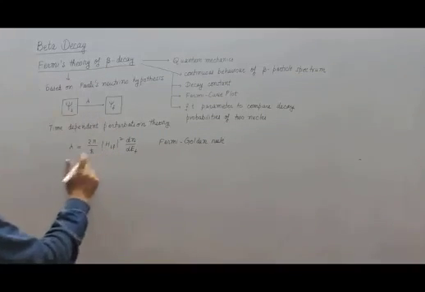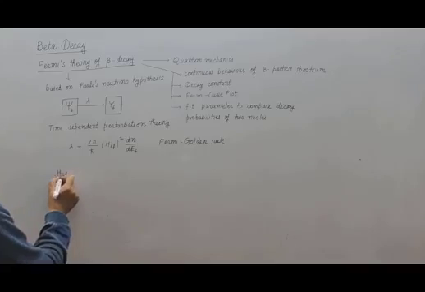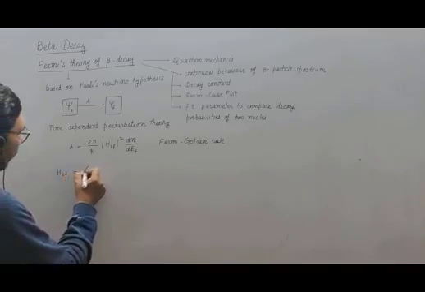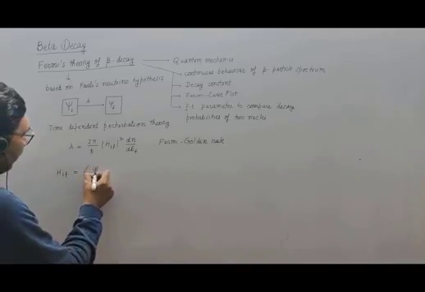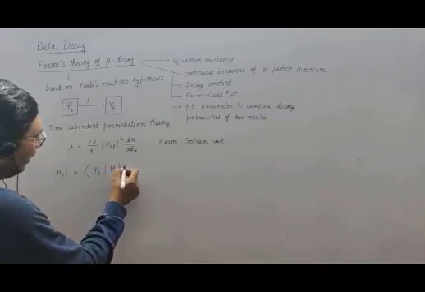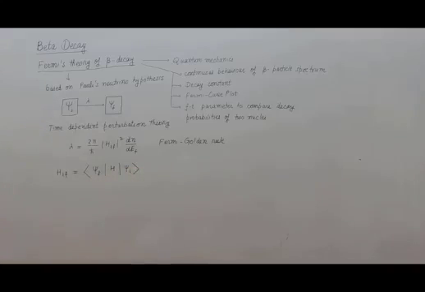Now the first question arises, what is this HIF? Basically this HIF is equal to <psi f| H |psi I>. This is the Hamiltonian.